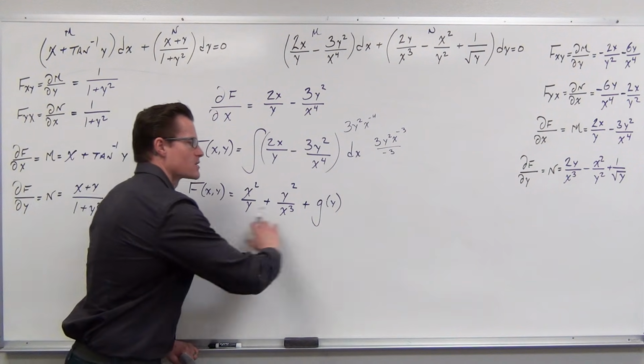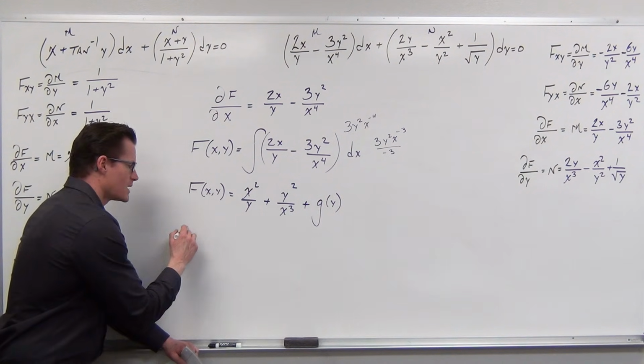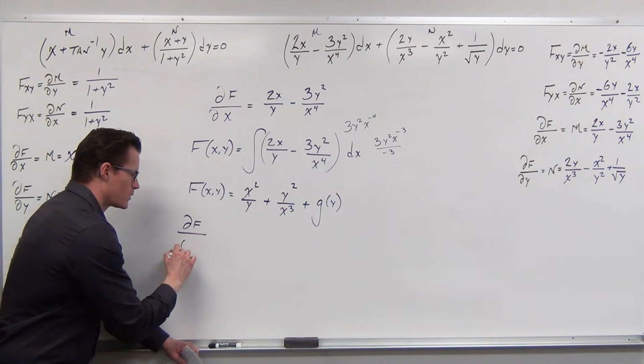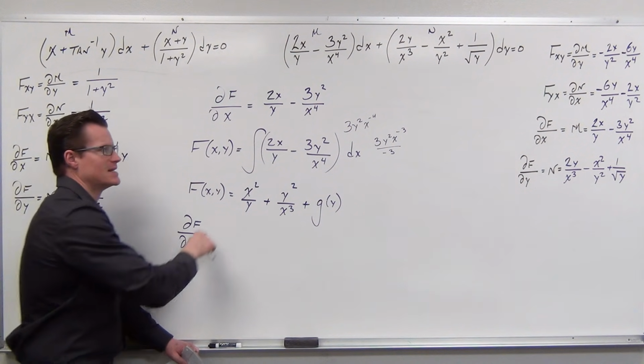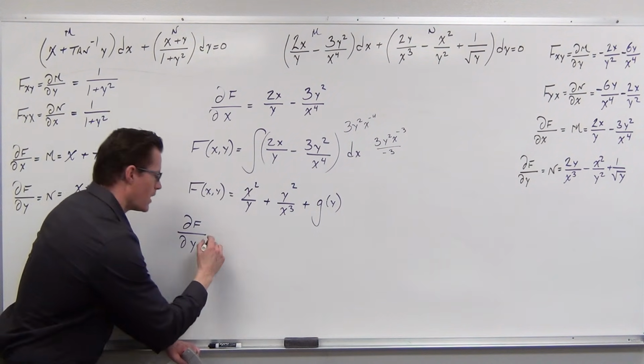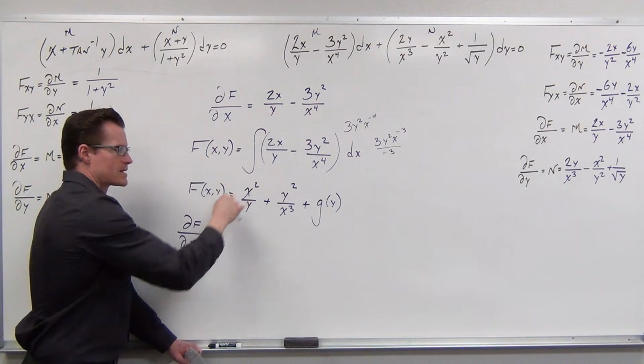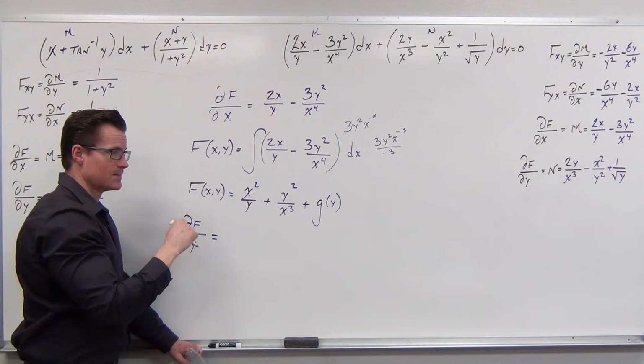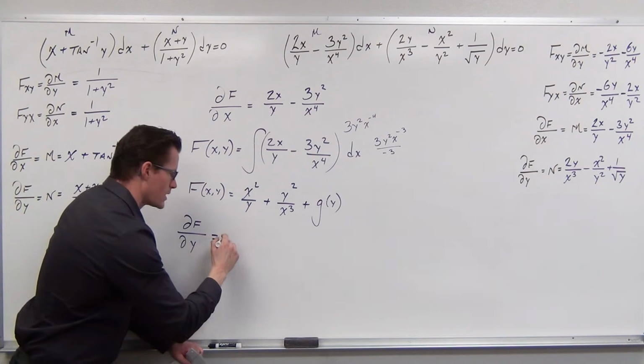Now we say, if that's our function, we're missing a piece, let's take a derivative with respect to the variable that I didn't just integrate with respect to. So integrate x, take derivative y. This right here, remember that's a -1, so let's see, negative x squared over y squared.